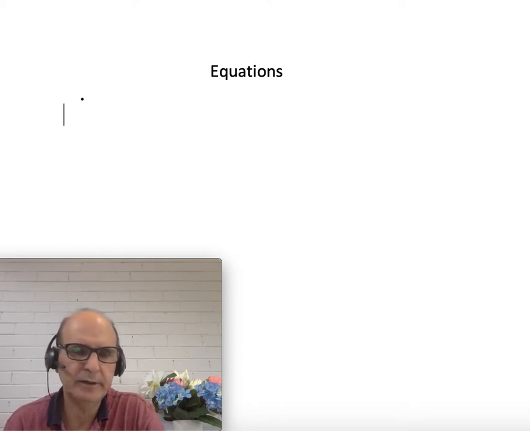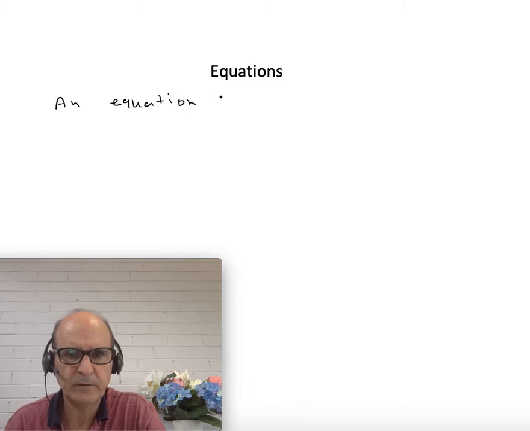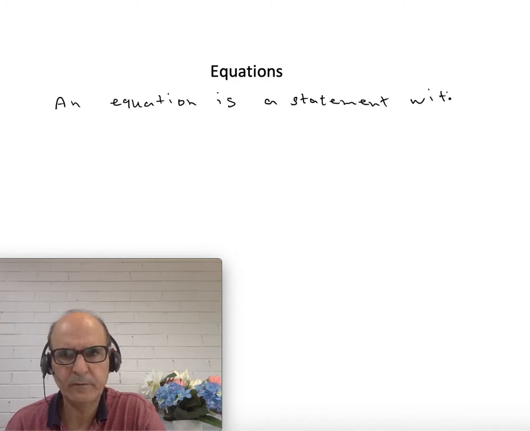So, an equation is a statement with an equality sign.